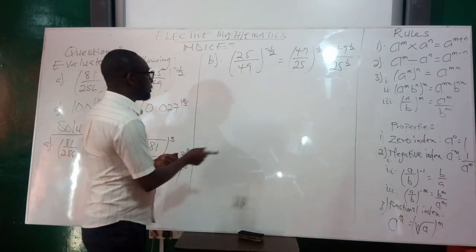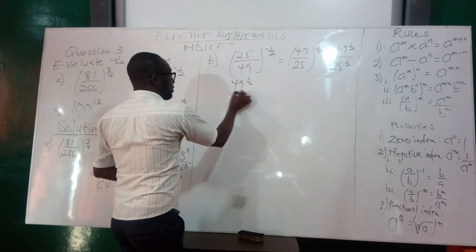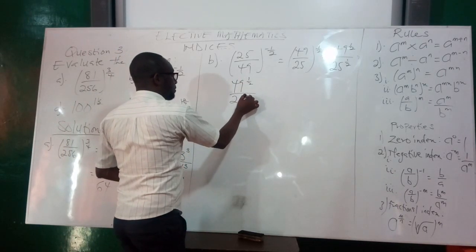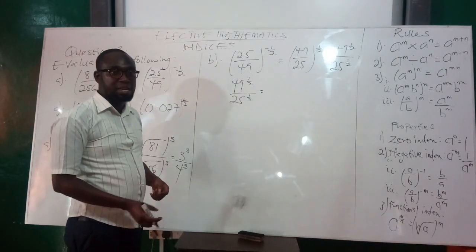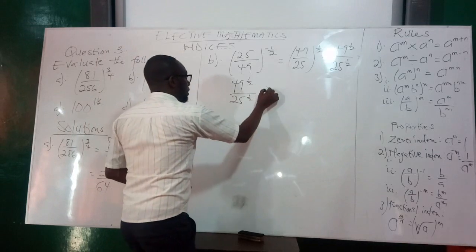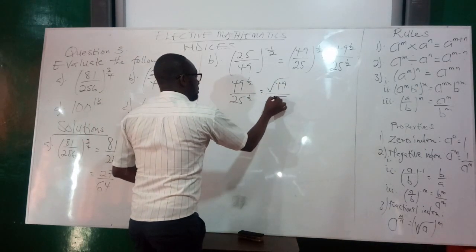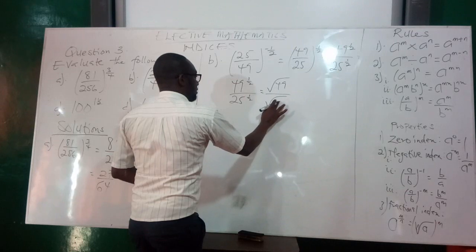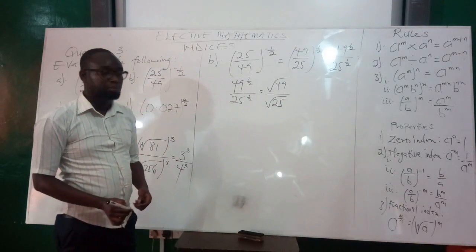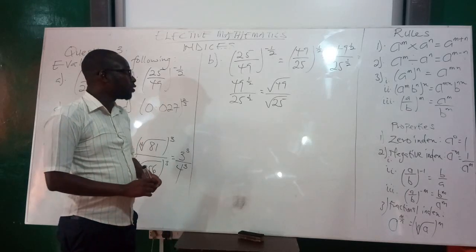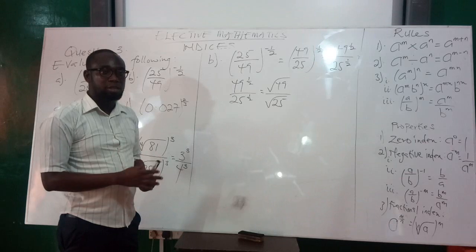So now let's continue. Let me rewrite the 49 exponent half over 25 exponent half. Now there's a fractional index, and you know that a fractional index is a root. So we write the square root of 49 over the square root of 25. Now the square root of 49 means we want a number which multiplies itself to give 49.